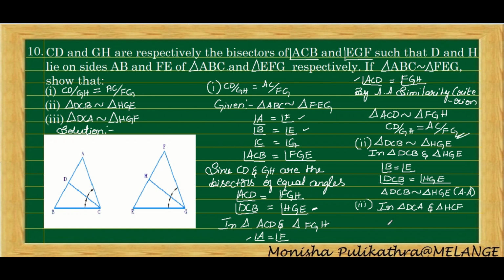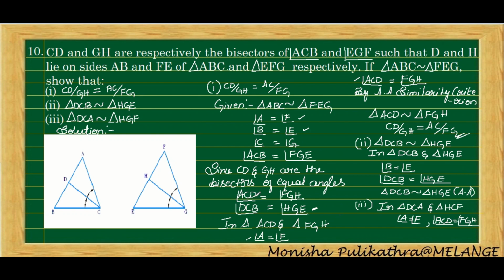Angle A is equal to angle F. Already we have written that. Next, angle ACD or DCA, whatever you can take, ACD is equal to FGH.